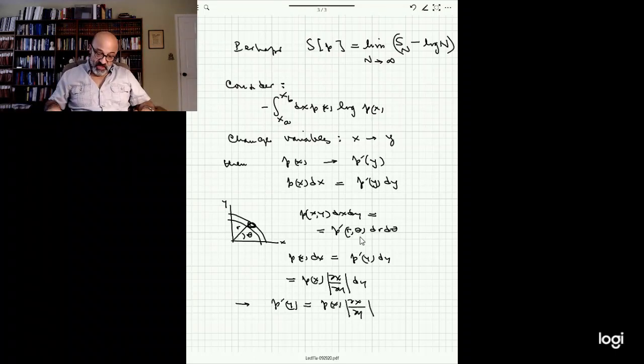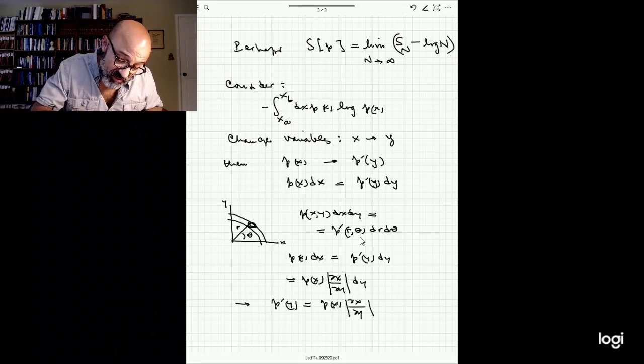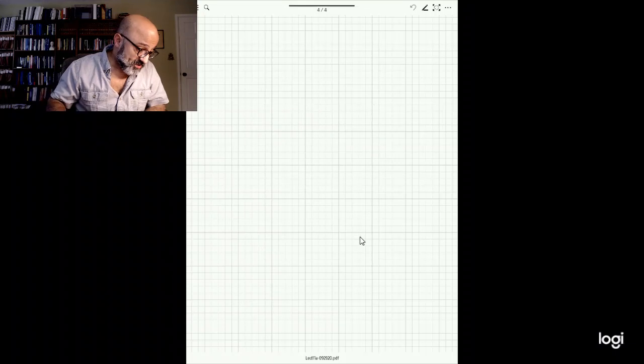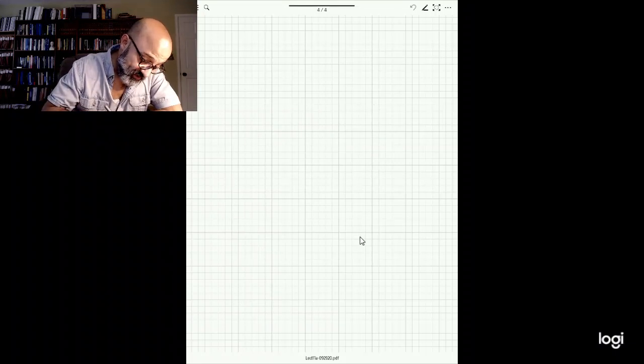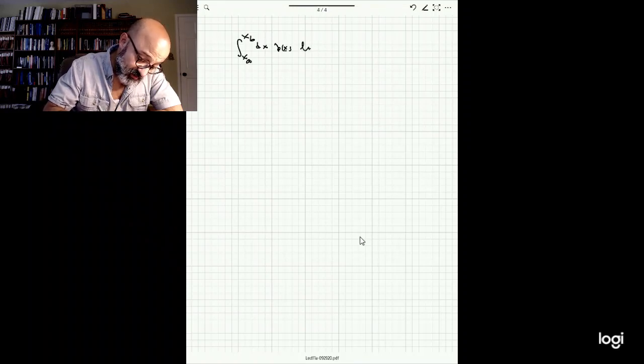Very good. So what's the problem with this probability distribution? Well, let's change variables. When we change variables, we have the integral from xa to xb of dx log px.